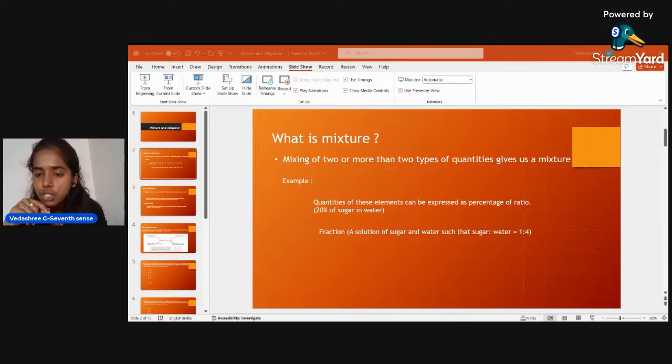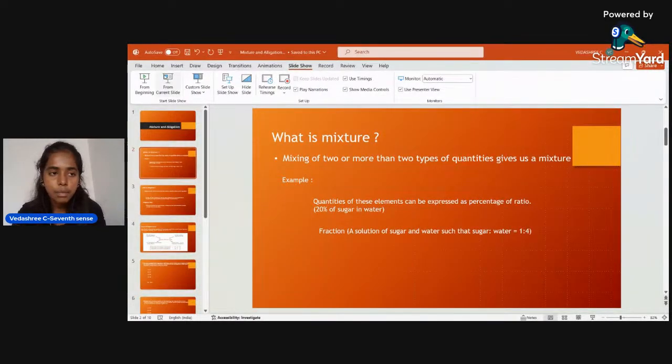In mixture and alligation there are two types of problems. The very first one is based on percentage or ratio, and the second one is based on fraction, which is nothing but a ratio. In the first example, 20% of sugar in water, two quantities are mixed, sugar and water, and it is based on percentage.